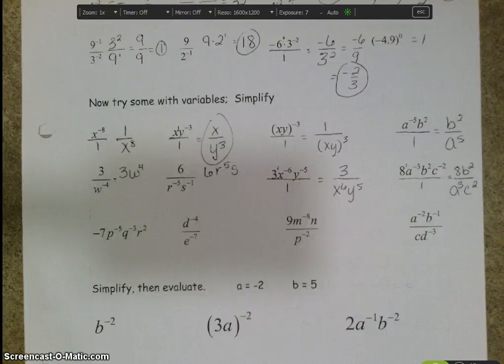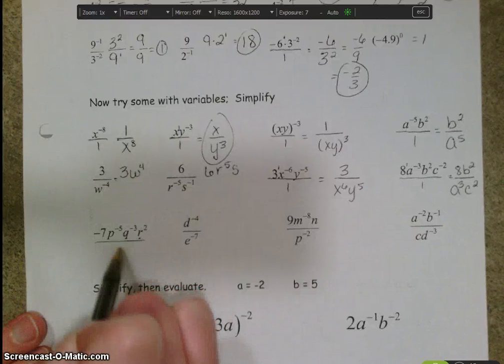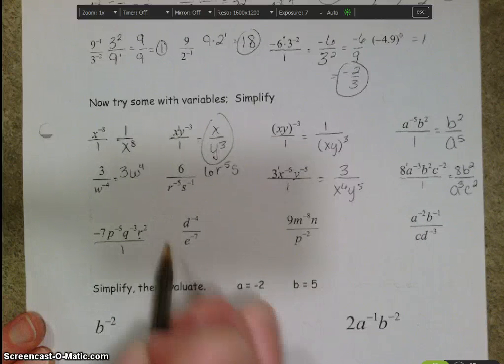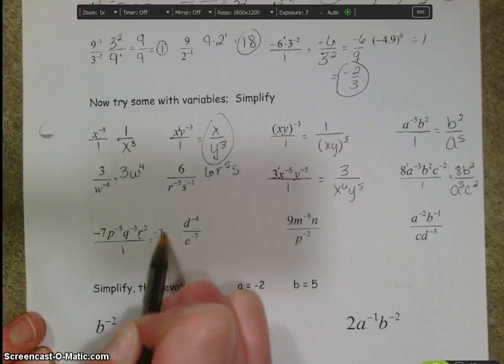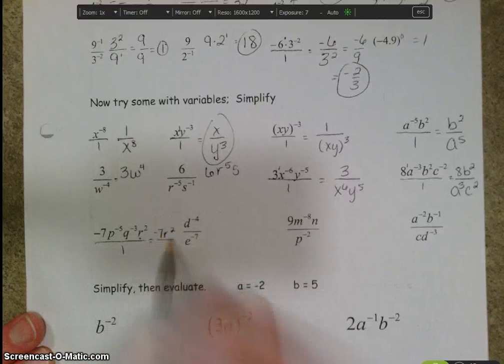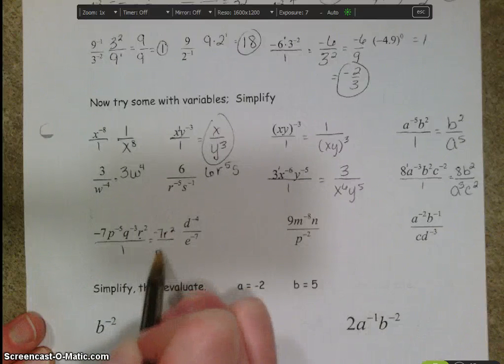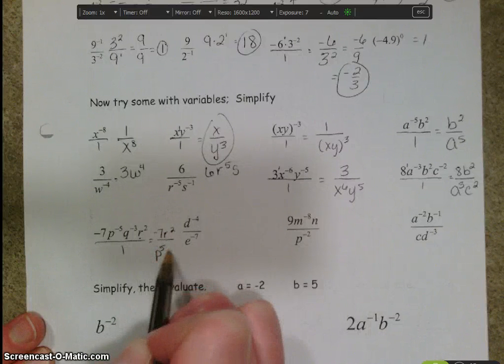Negative 7 does not have a negative exponent, so keep it where it is. R has a positive exponent, keep it where it is. So negative 7r squared over p to the positive 5, q to the positive 3.